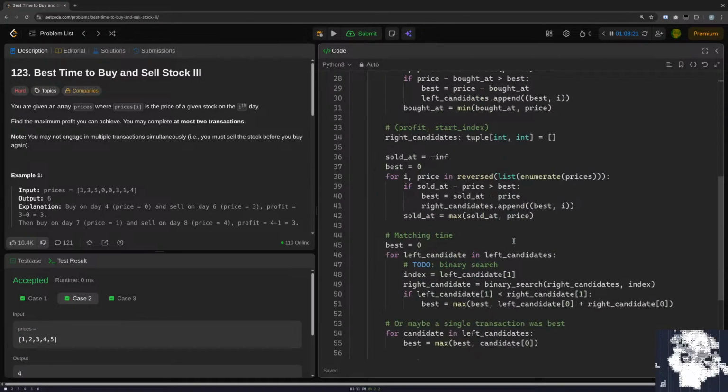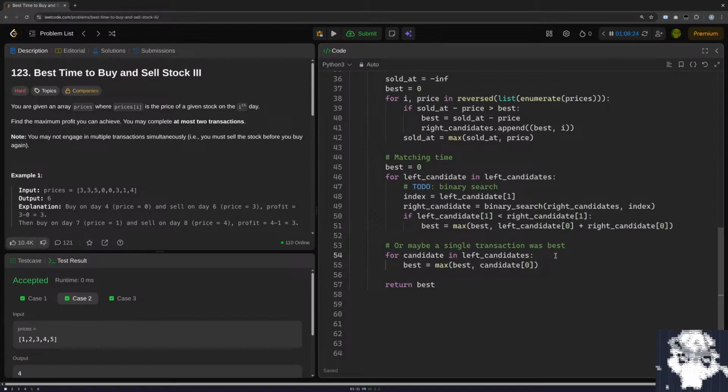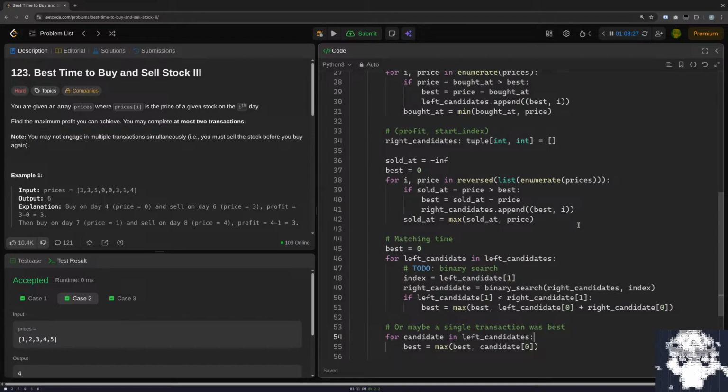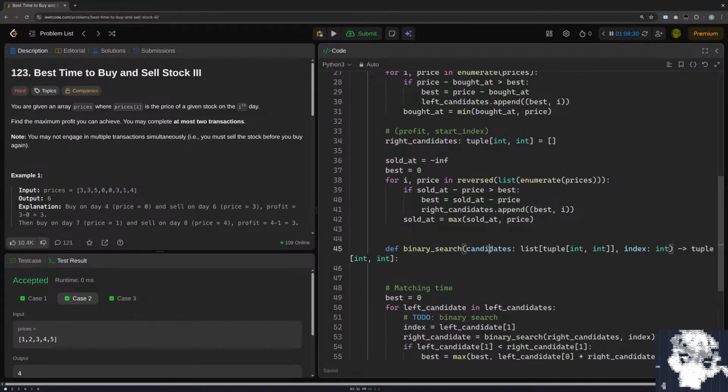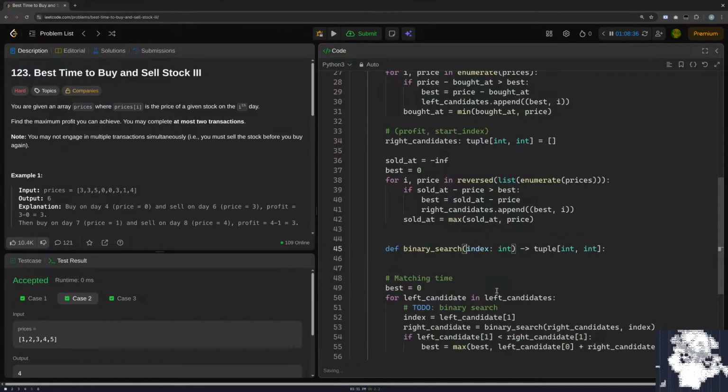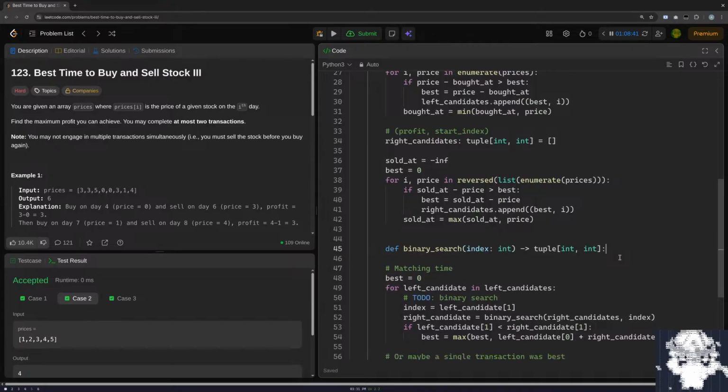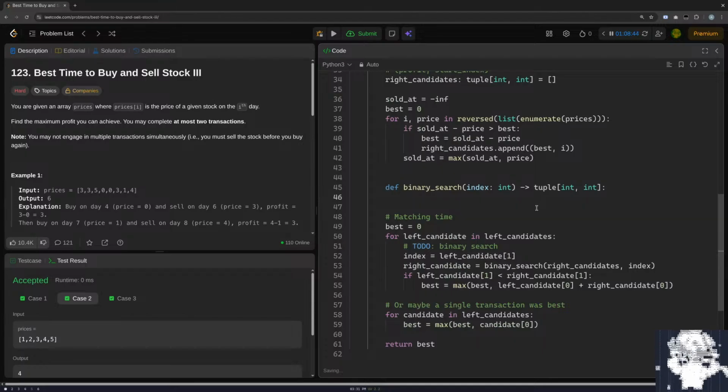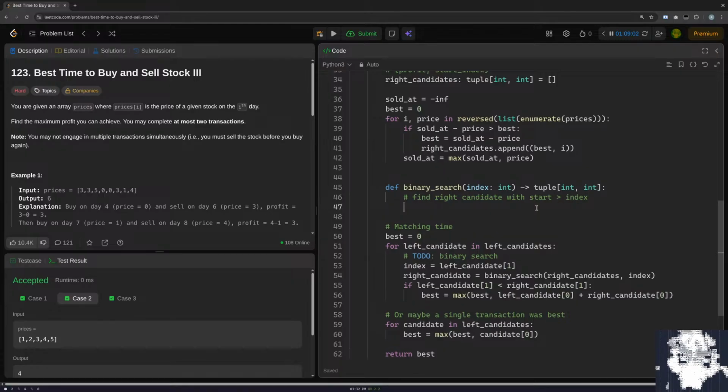You know what, I'm going to define this in here so I can have the local variables in scope. I'm not going to define candidates. I know that I'm looking through the right candidates. I only am going to find the index. Find right candidate with start greater than index.